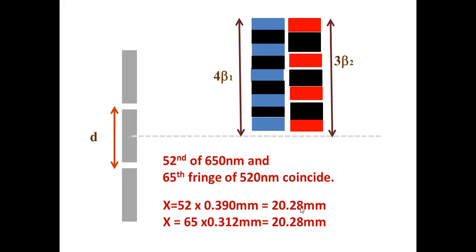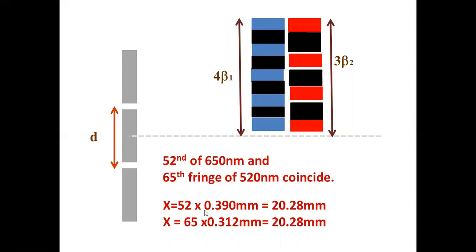That is 20.28 millimeter. What about the distance of the 65th bright fringe of the other one, the lesser wavelength? For the 65th step, a lesser beta is enough. So the 65th fringe with 0.312 millimeter is formed at the same place. You see, you get the same answer for both, right? Last time it was the 4th bright fringe of the larger wavelength and the 5th bright fringe of the smaller wavelength formed at the same place.